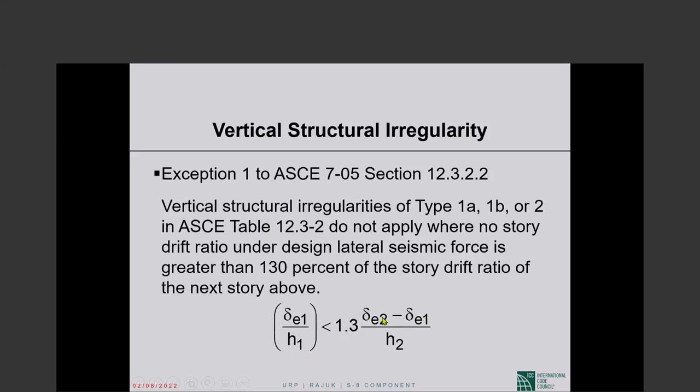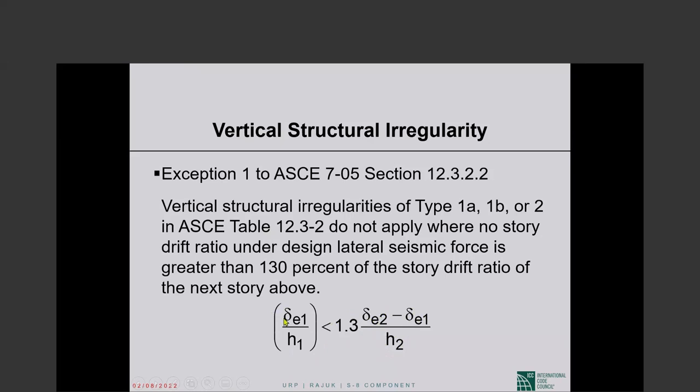That would be the elastically computed deflection at floor level 2 minus the elastically computed deflection at floor level 1, divided by the story height of the second story.